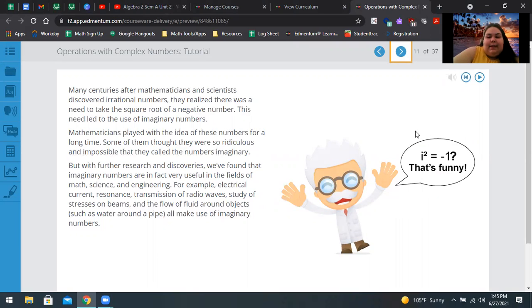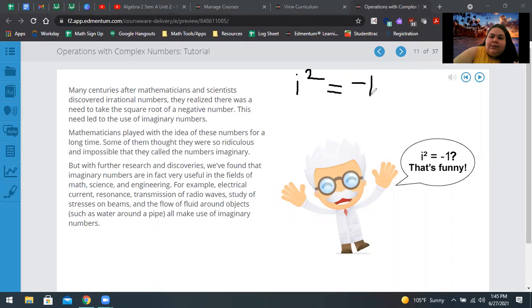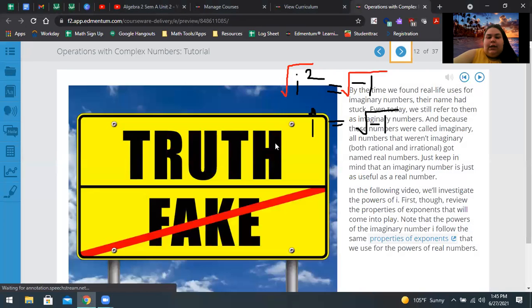But this is the main idea: i squared is equal to -1. What if I just want i? I isolate my i by getting rid of the square. Do you see how this is probably the first line that we wrote in that previous one? So we came up with this concept of i to help us solve for square roots that have a negative value. Let's move on to slide 12.